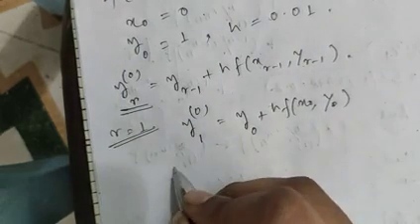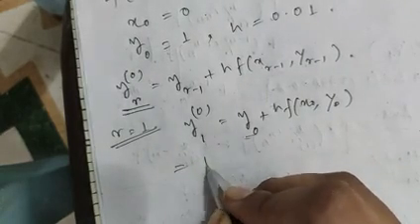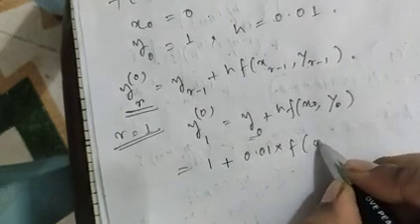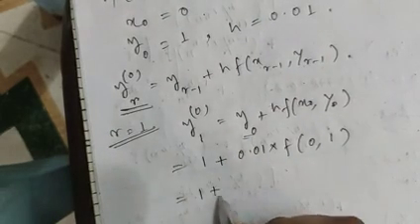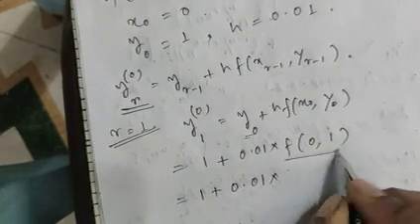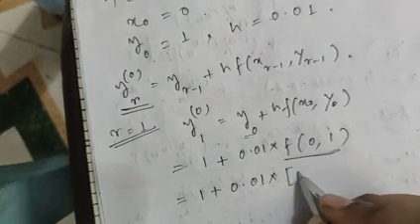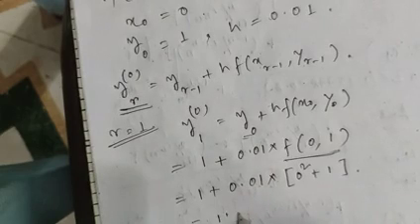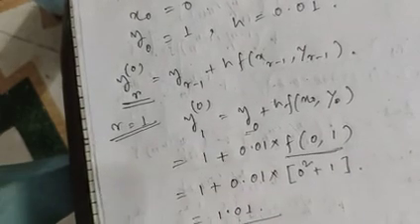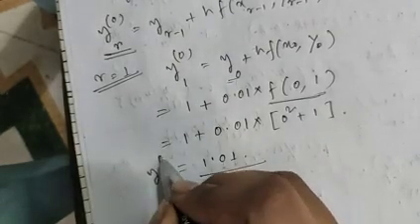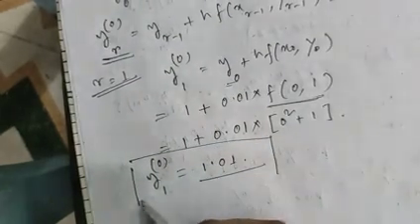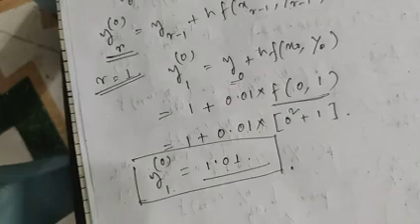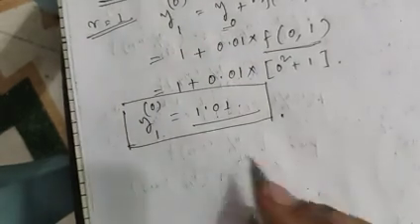Putting all these values, y0 is 1 plus h, 0.01, into f(x0 = 0, y0 = 1). Now if the function is x square plus y, that means 0 square plus 1. So it will become 1.01. That means this is our initial approximation, y_1^(0) equals 1.01.